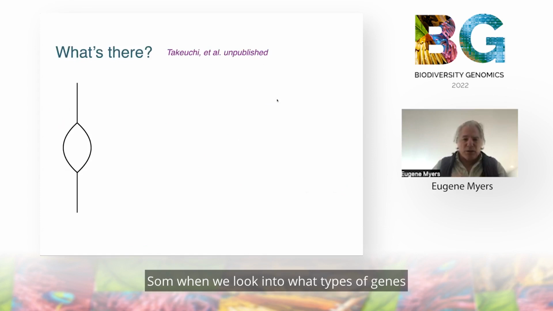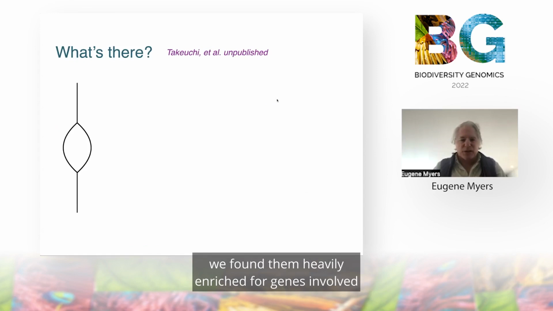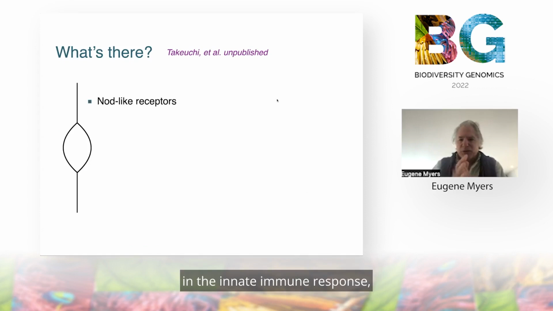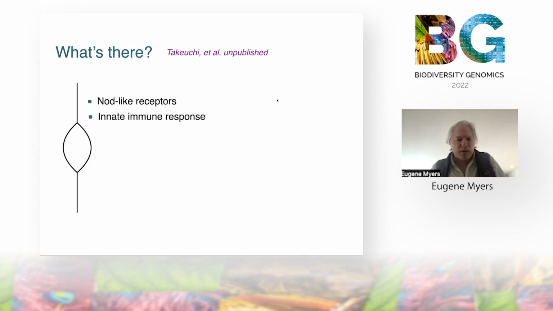So when we look into what types of genes are in these non-syntenic regions, we found them heavily enriched for genes involved in the innate immune response, especially NOD-like receptors.